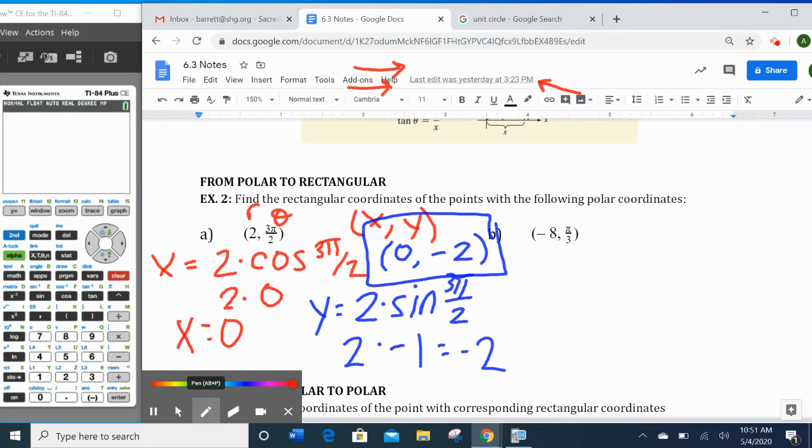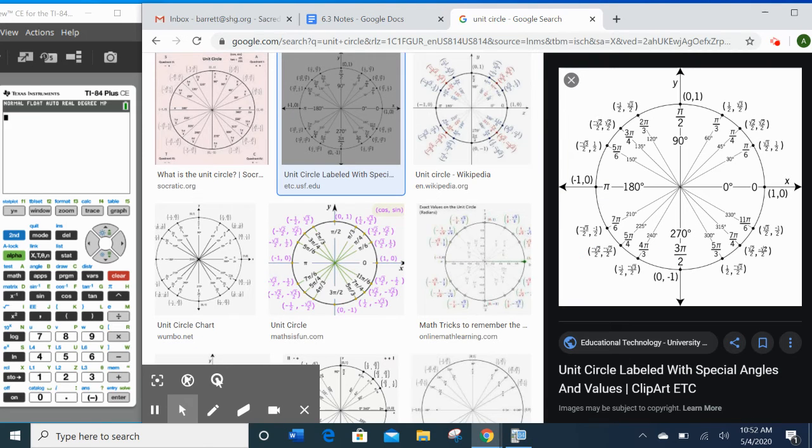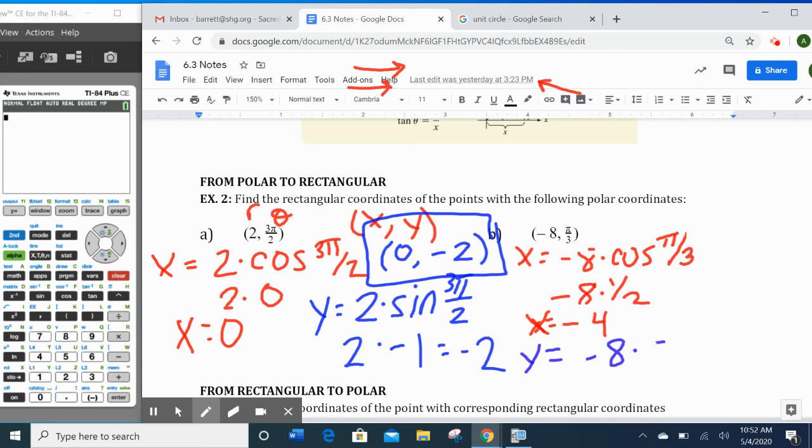When I take the x coordinate, I'm taking r, which is -8, times the cosine of pi over 3, which is 1/2. So -8 times 1/2 is -4 for the x coordinate. And then for the y coordinate, I'm taking -8 times the sine of pi over 3.